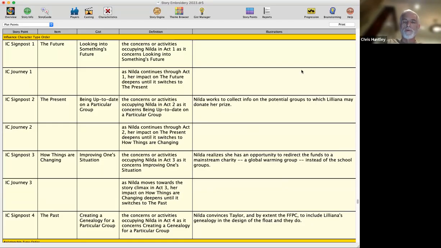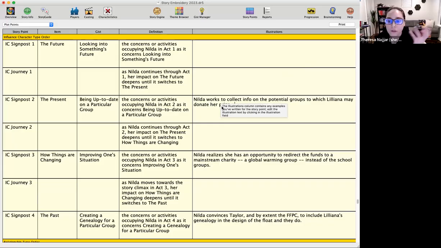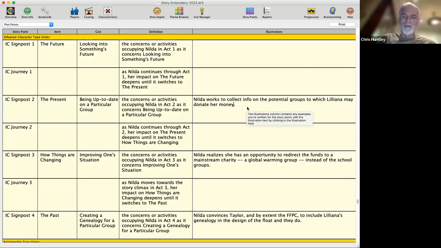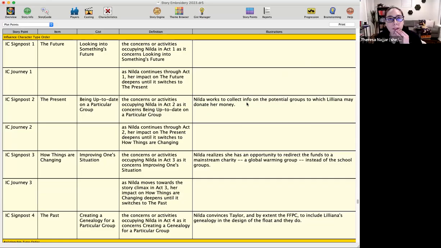Oh, and this one, I missed the other half of it. You said Nilda works to collect info on the potential groups to which Liliana may donate her prize or her money. Or the money, yeah, and she's doing that because Liliana is bedridden.